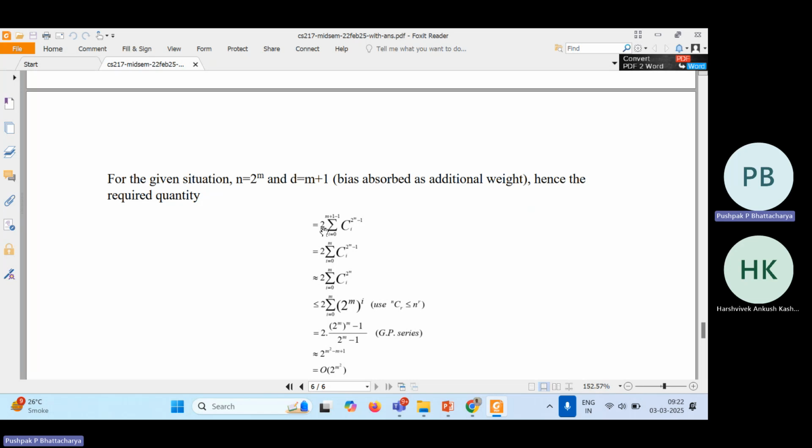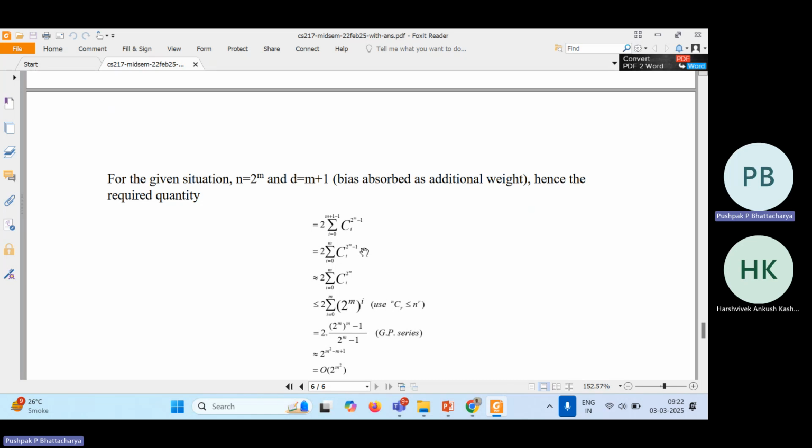That quantity will be 2 into the sum from i equal to 0 to m plus 1 minus 1 of C(2 to the power m minus 1, i). I hope it is visible on the screen. So m plus 1 minus 1 is m: 2 into the sum from i equal to 0 to m of C(2 to the power m minus 1, i).